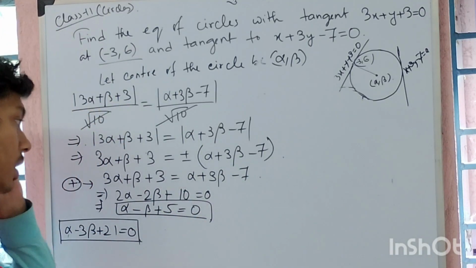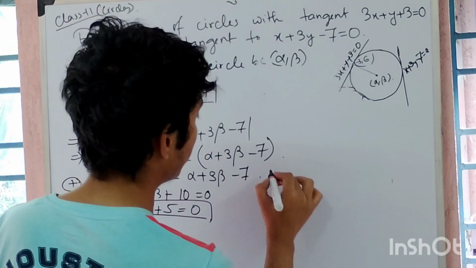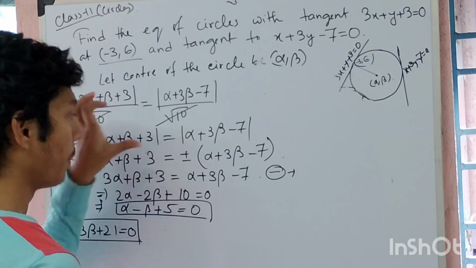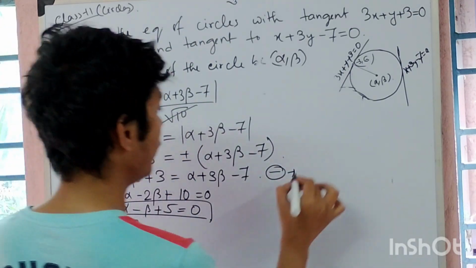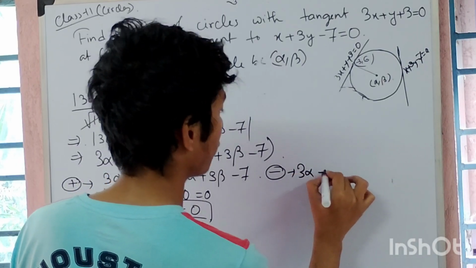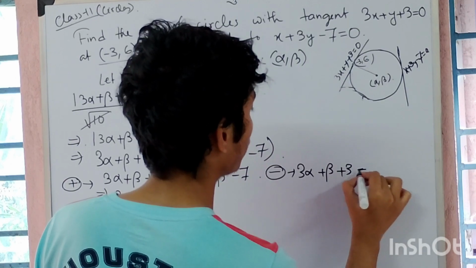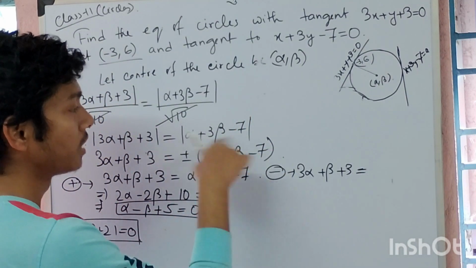Or, if I take minus instead: 3 alpha + beta + 3 equals minus of the whole thing (alpha + 3 beta - 7).